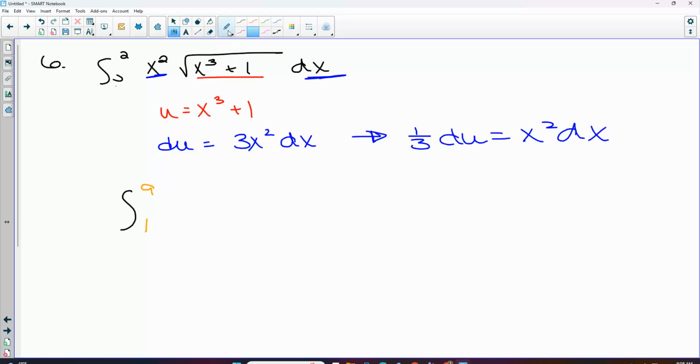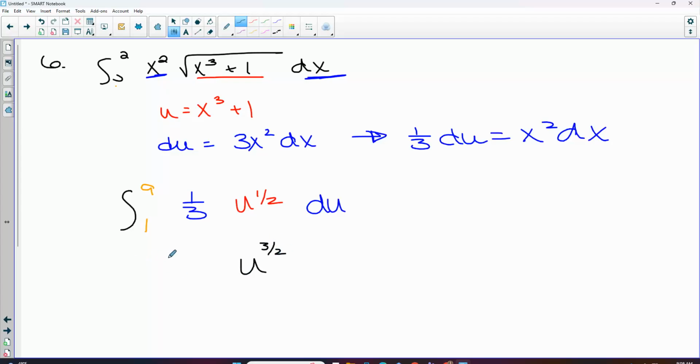Then, the x squared dx is getting replaced with my 1/3 du. And inside, I had the square root, so that would be like u to the 1/2. So, antiderivative. If you add 1 to the power, 1/2 plus 1 is 3/2.